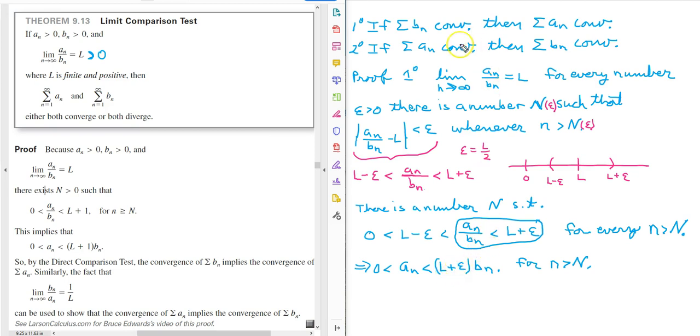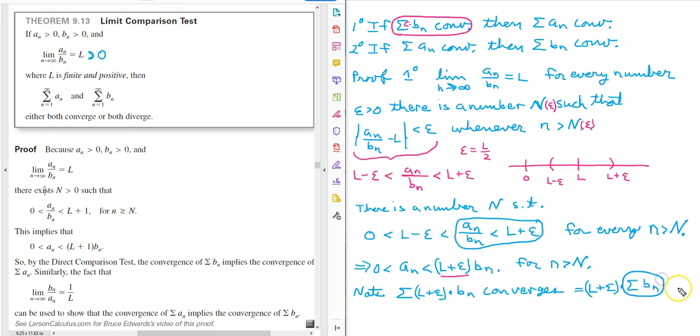Now also note that to prove number 1, we're assuming that the series involving the bn converges. Now if these terms converge, then so does any constant times the bn terms, the series involving any constant times the bn terms. So now thinking of this as being a constant, note that these terms converge because I can just factor that L plus epsilon out, and we know that this quantity right here exists.